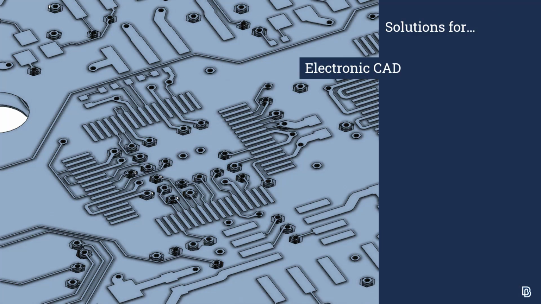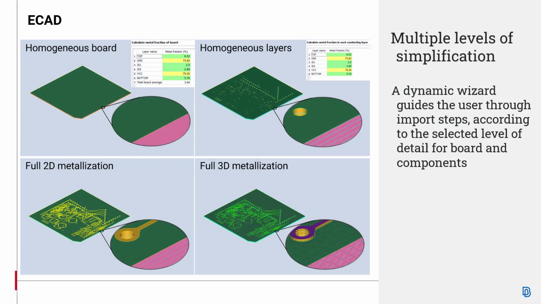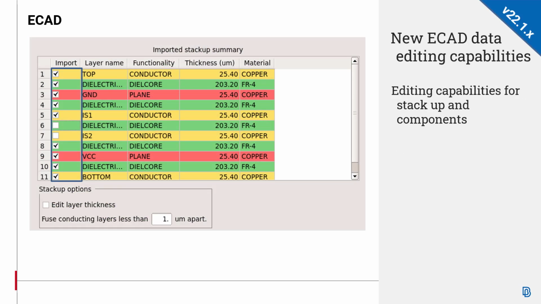On the electronic CAD, when reading electronic CAD data, the level of simplification can now be defined through 4 different options: the homogeneous board option, the homogeneous layers, the full 2D metallization, and the full 3D metallization option. Moreover, the eCAD Importer plugin now provides editing capabilities for StackUp and components.